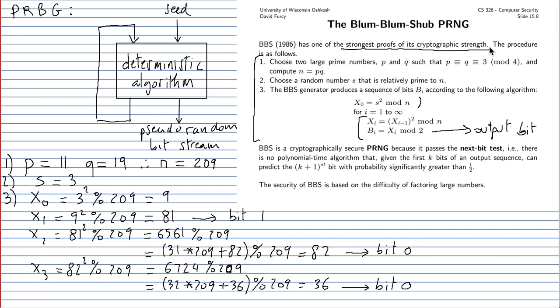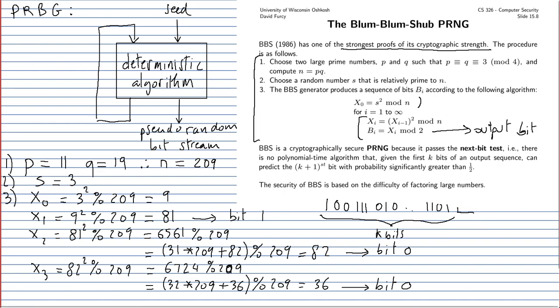So what does it mean for a pseudo-random bit generator to be strong? Well, suppose you're given the beginning of a sequence. We know this sequence in this case is going to start with 1, 0, 0. And let's say I'm going to make up the following bits in this sequence. So let's say that you've produced k bits, and the question is to predict what the next bit is going to be.